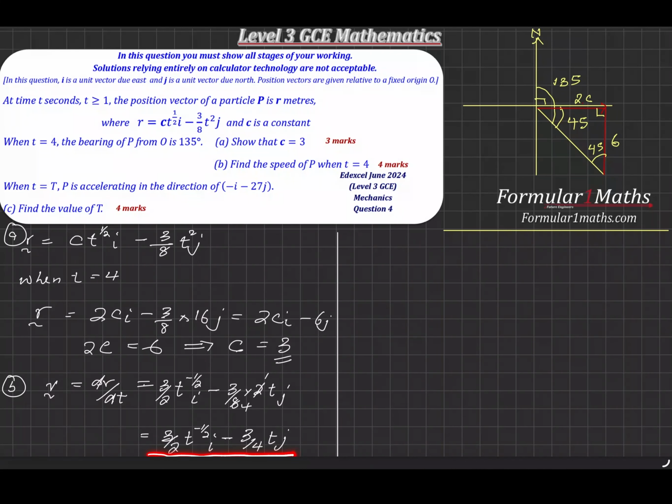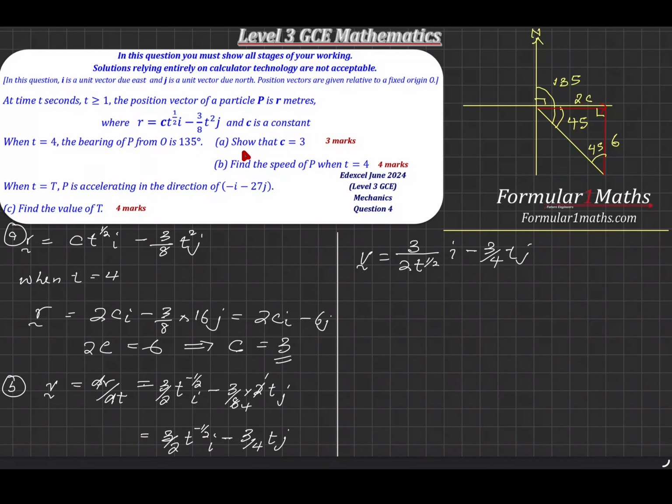I'm now going to write this vector as follows: v is equal to 3 over 2 t to the power half i minus 3 over 4 t j. But we are told to find the speed of P when t is 4.